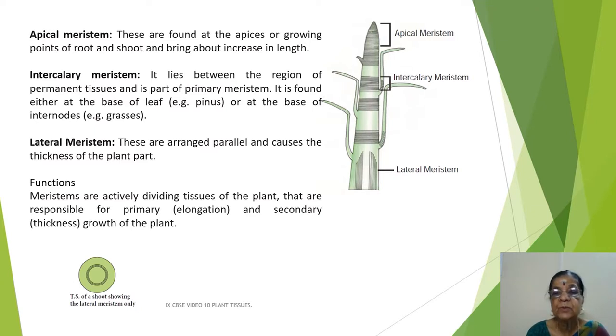So the lateral meristem here shows as a ring around it. This is what increases the thickness. So, TS of shoot showing lateral meristem. I hope you understand. So go through apical meristem, intercalary meristem and lateral meristem once. Just go through.